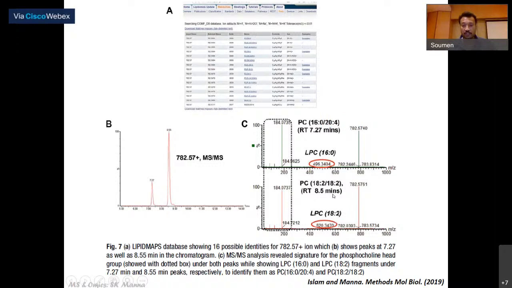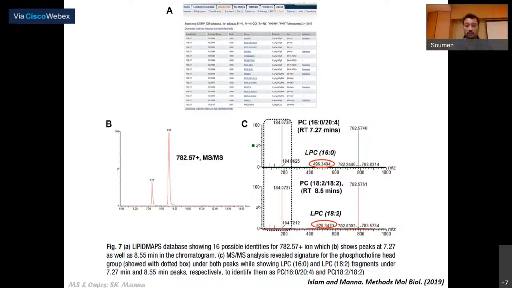On the other hand, for 18:2, the loss will be different, and looking at both the fragment which is present here as well as the difference between these two masses, you can identify what is the combination of fatty acids which is present there. However, this only tells you in most cases what is the SN1 and SN2 position, where SN1, SN2 are basically the positions in glycerol where the fatty acid is connected.